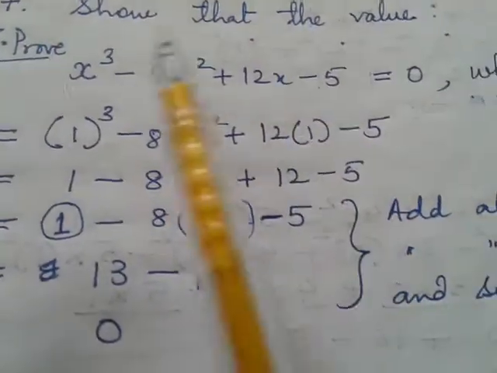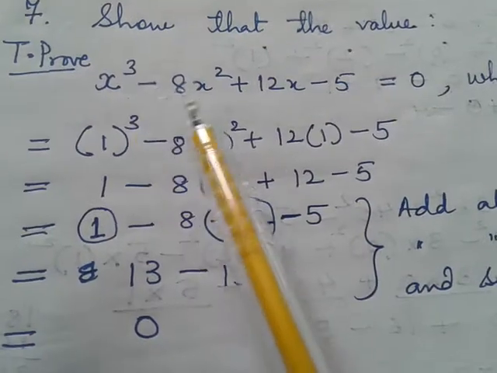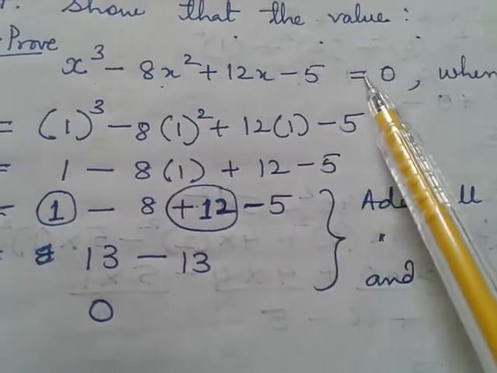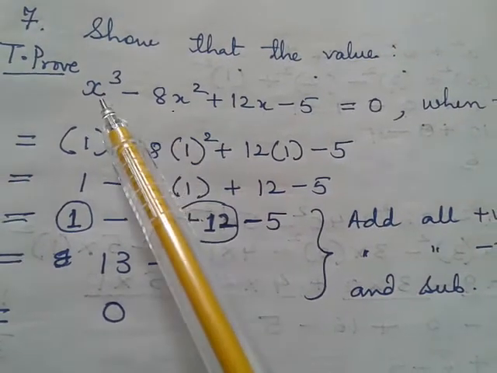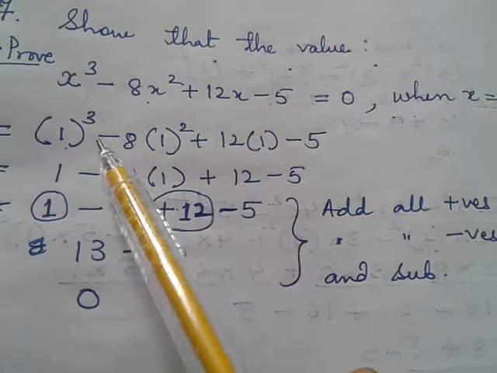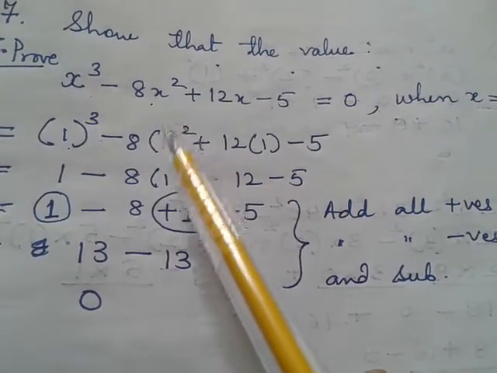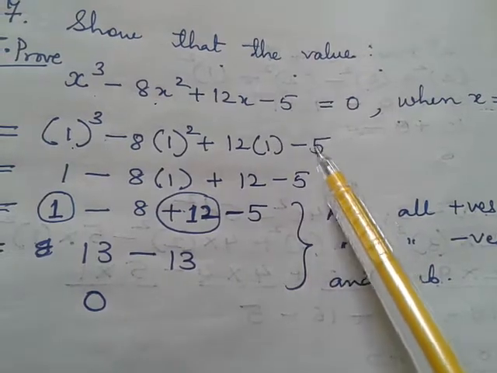Let's see that. What you have to prove is x cube minus 8x square plus 12x minus 5 is equal to 0 when x is equal to 1. So the value of x is 1. Minus 8, again instead of x, 1 square, plus 12 times 1, minus 5.